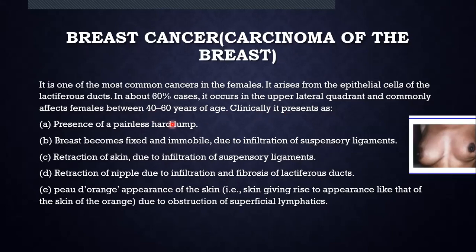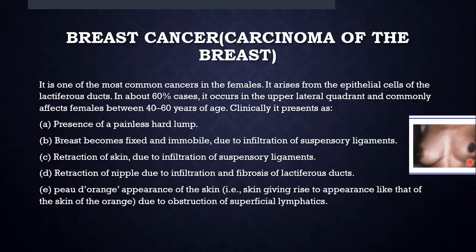How does it present? 1. Presence of a painless hard lump. 2. Breast becomes fixed and immobile due to infiltration of the suspensory ligaments of Astley Cooper. 3. Retraction of the skin due to infiltration of the suspensory ligaments of Astley Cooper. So when the skin is retracted, there will be dimpling.